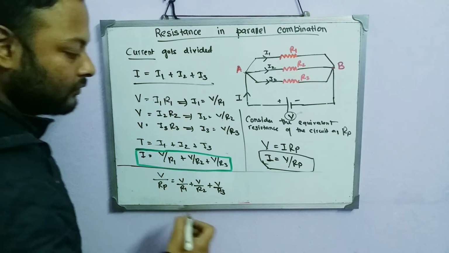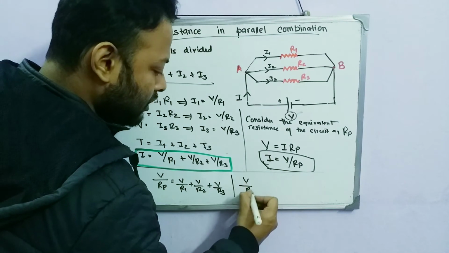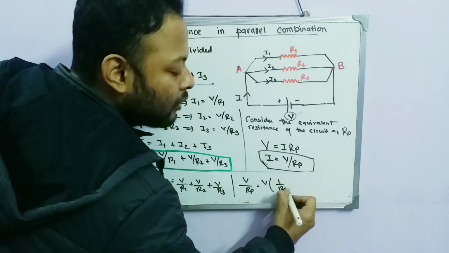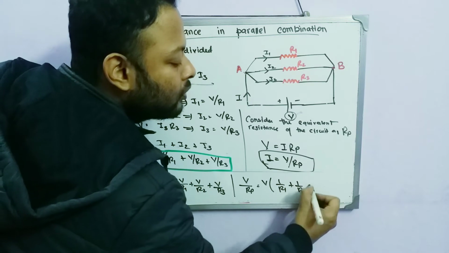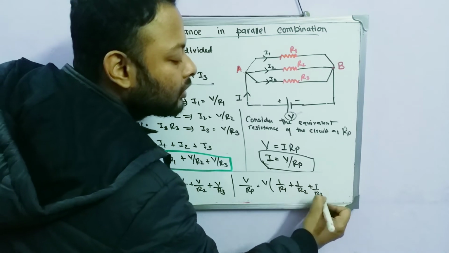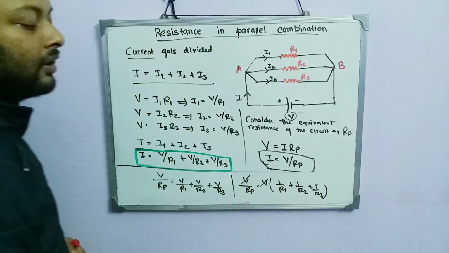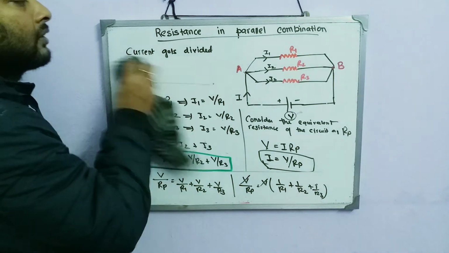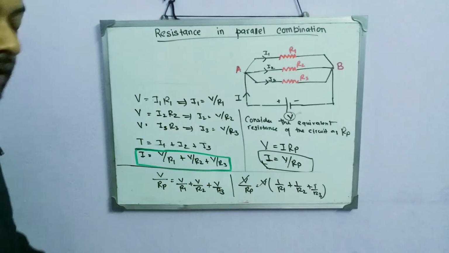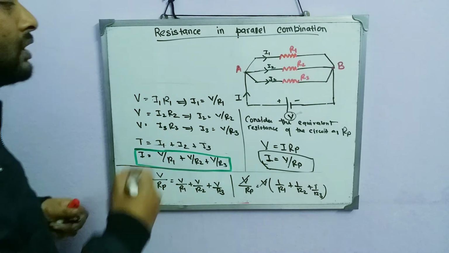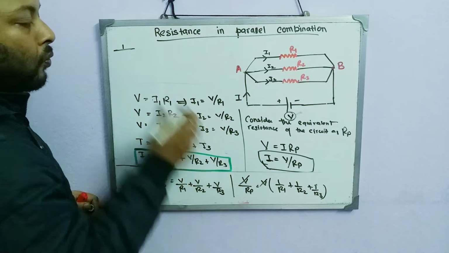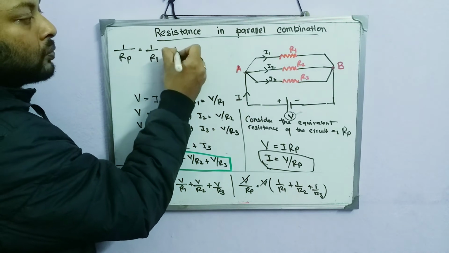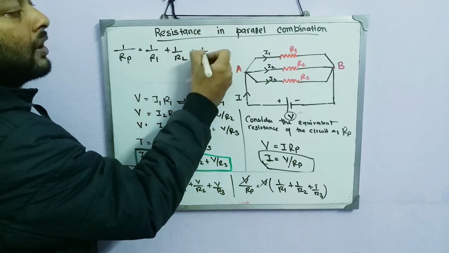Now if I take V common, it is R1 plus R2 plus R3. Cancel this V and V. So ultimately the resultant equation becomes 1 by Rp is equal to 1 by R1 plus 1 by R2 plus 1 by R3.